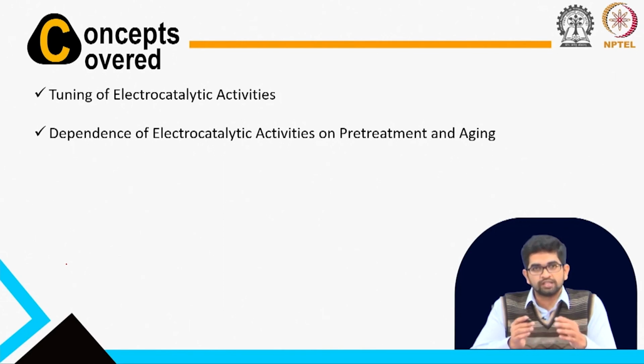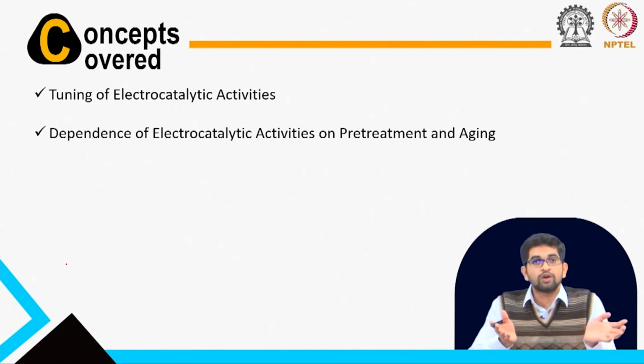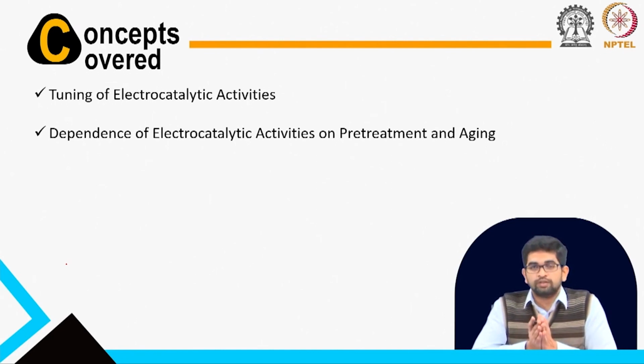Today I will teach you some other methods, and one part that I will add: if you want to store this high activity for a longer time, that may not be possible, it can decay, it can change with time. So what's the reason for this change, that I will also let you know.